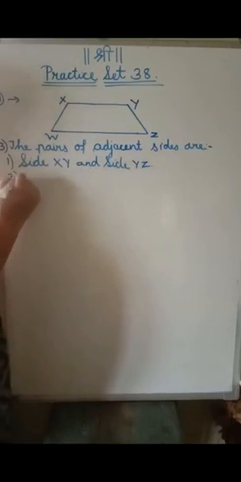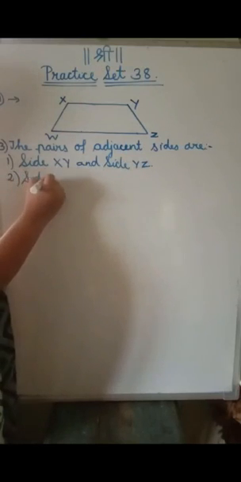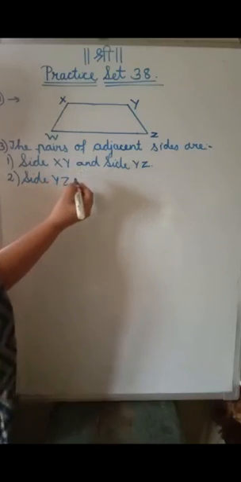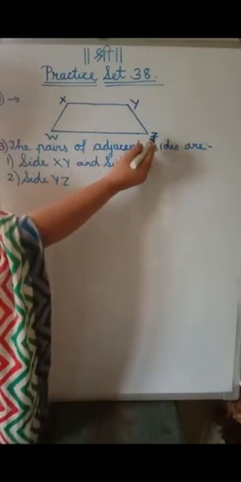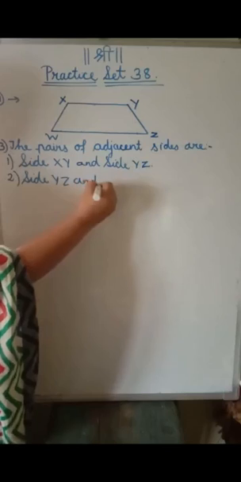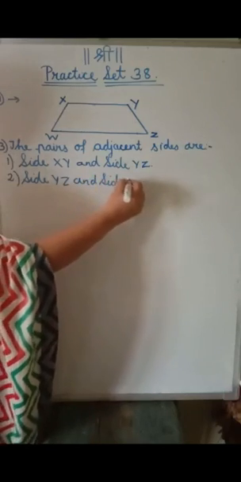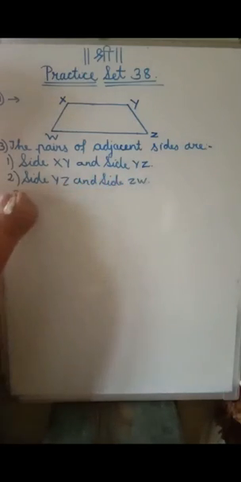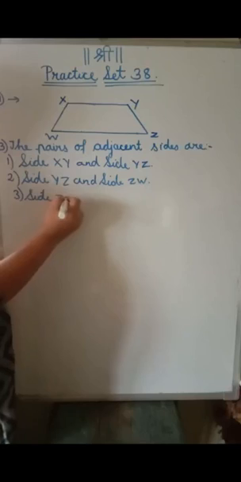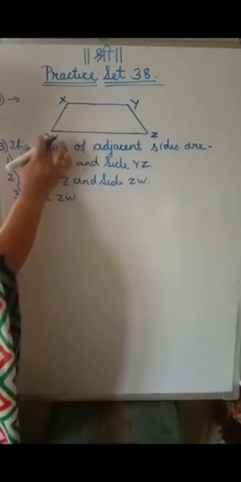Now the second pair. For writing the second pair, take the same side down. Side YZ. Then adjacent to it will be ZW, and side ZW. Now the third pair. Take this down, ZW.